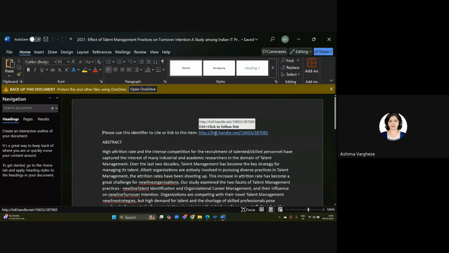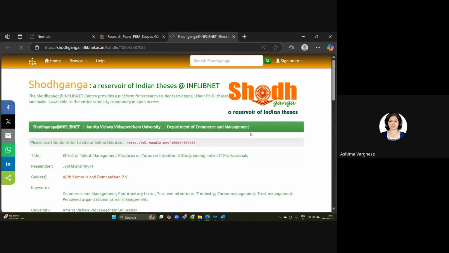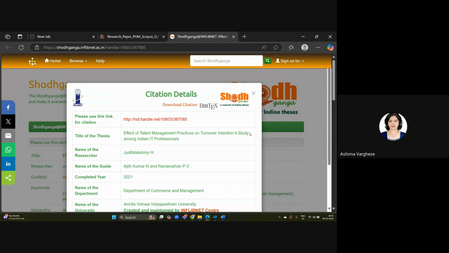So this is the handle number of that particular thesis. When I click on that, it takes me to Shodh Ganga, from where I downloaded this. Can you see this?